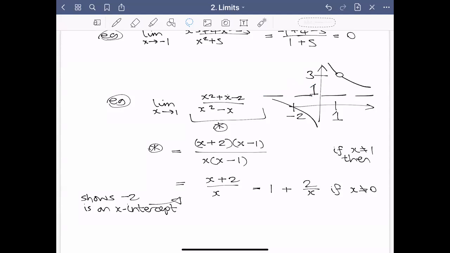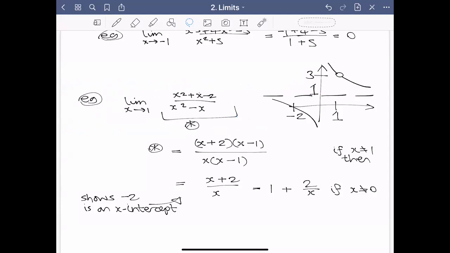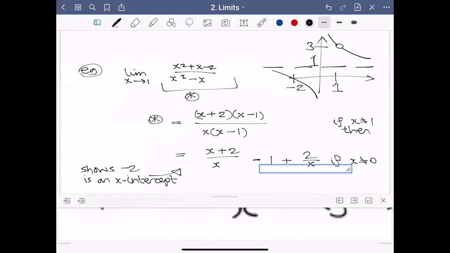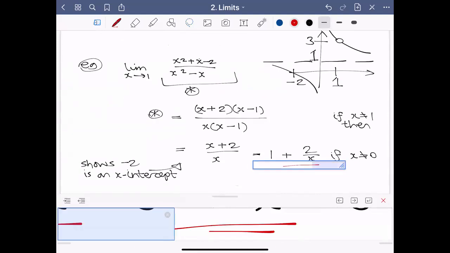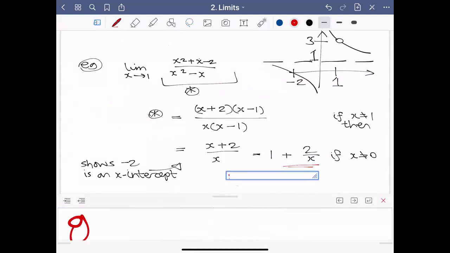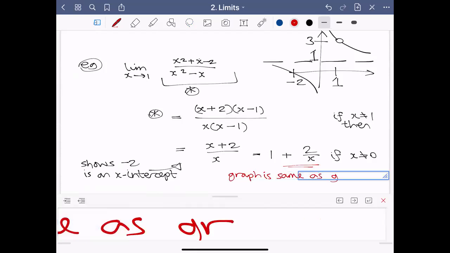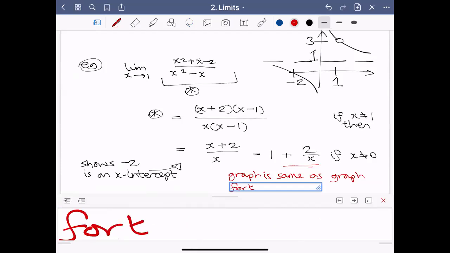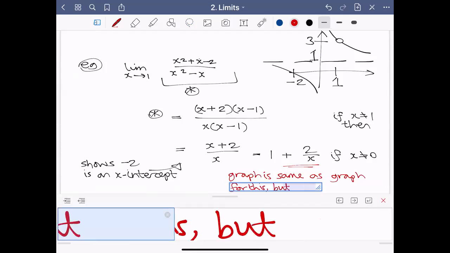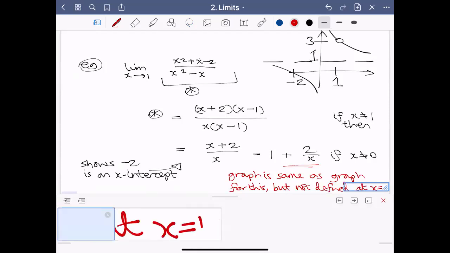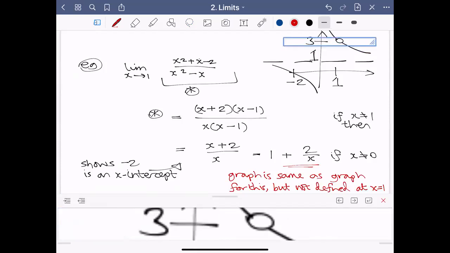So this is the graph. The graph looks the same as the graph for this, but not defined at x equals 1. And that's what this circle here means.